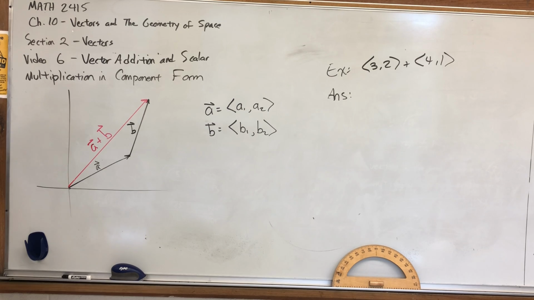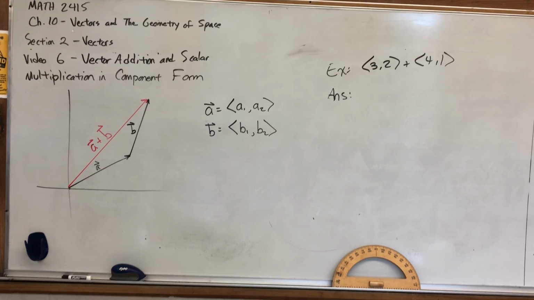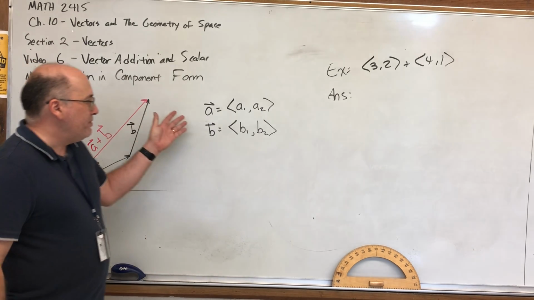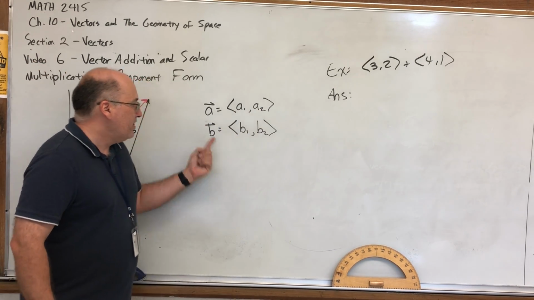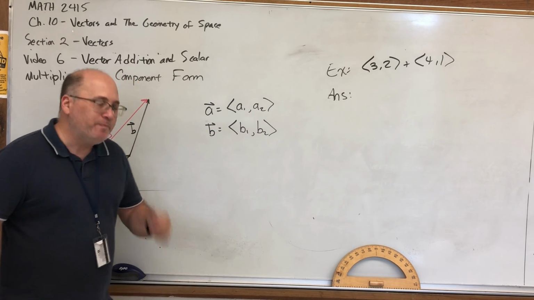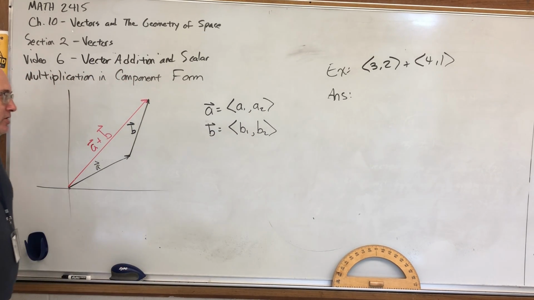But let's think about what it would be in terms of components. Now, if you notice over here, I've generically represented both A and B in component form. Vector A as A1, A2, vector B as B1, B2. And remember, the components in component form represent the displacement in the horizontal and vertical directions, the x and the y directions.